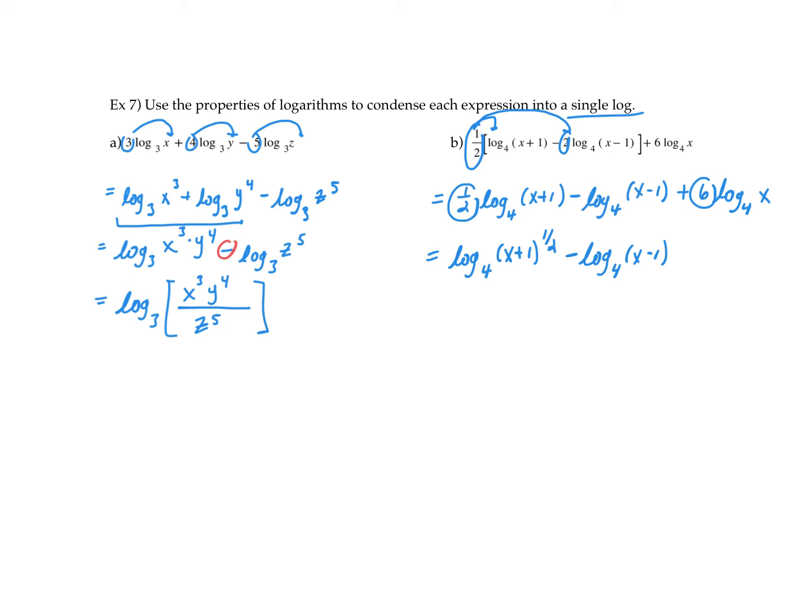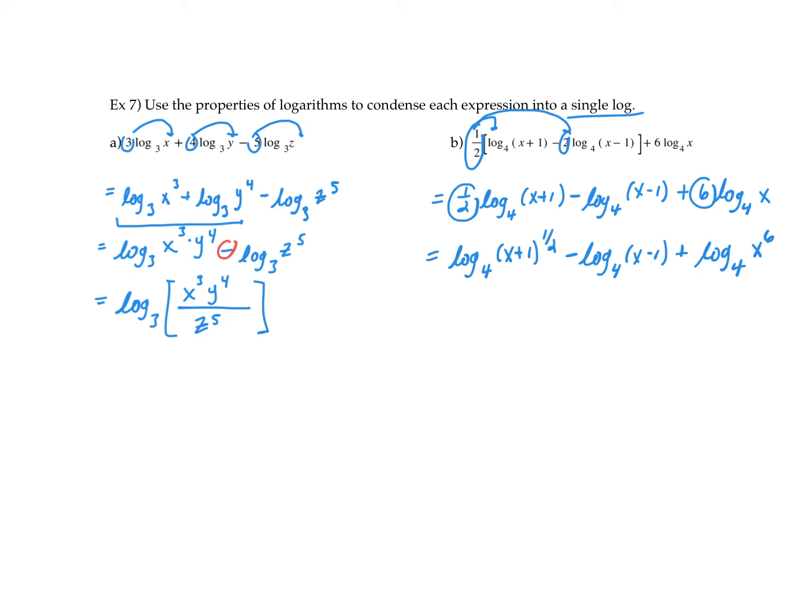No exponent to bring up there because it's a 1. Over here, log base 4 of x to the negative 6. Sorry, x to the 6. I don't know where that negative came from in my head. Let me erase it completely in there. Okay, I think we're all set now.